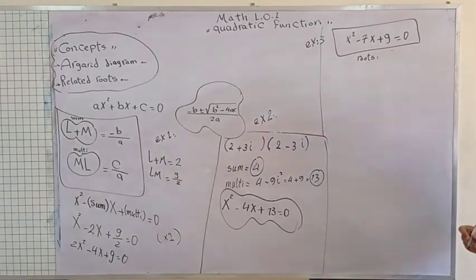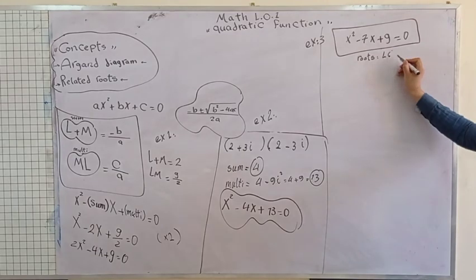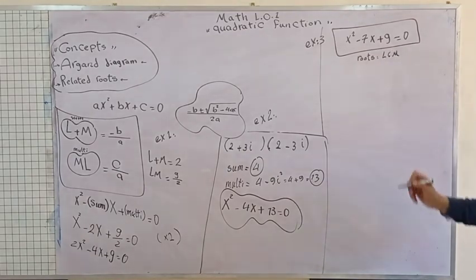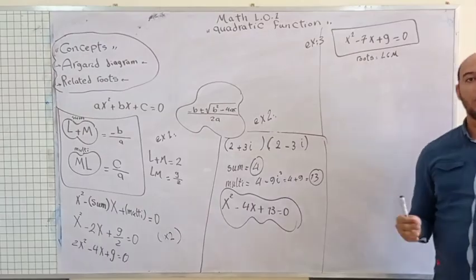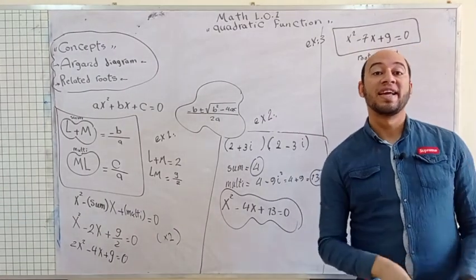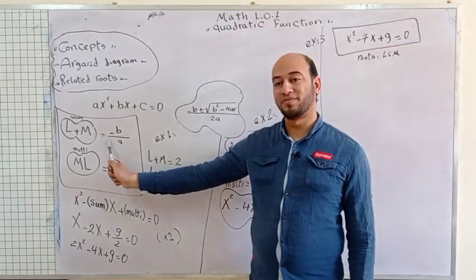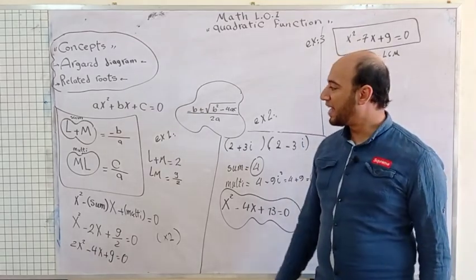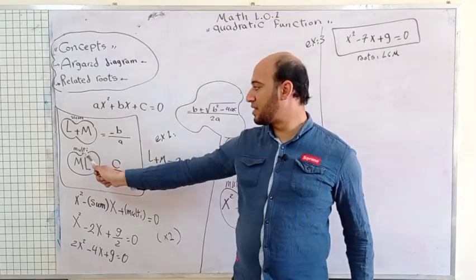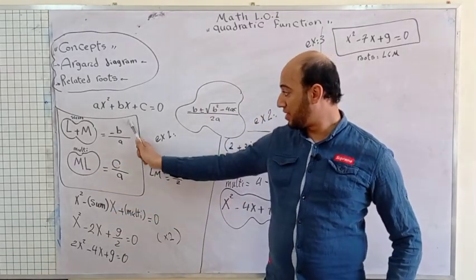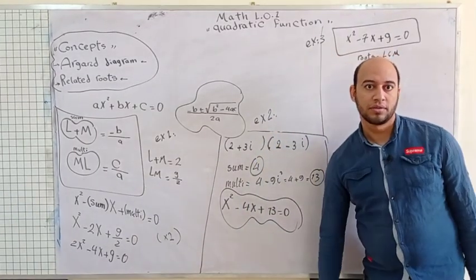We will give the roots the symbols L and M. Our roots are L and M. Now you can get L plus M from this law, and you can also get LM, L times M, from the law of multiplication, because all of these coefficients are known values.